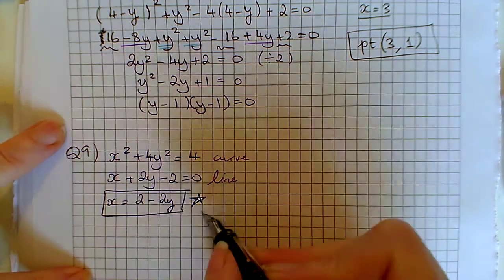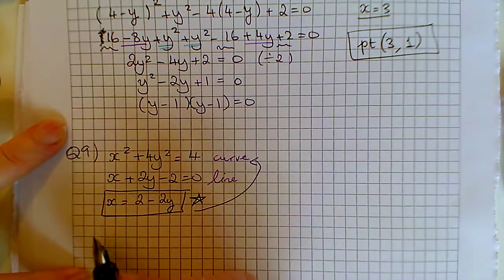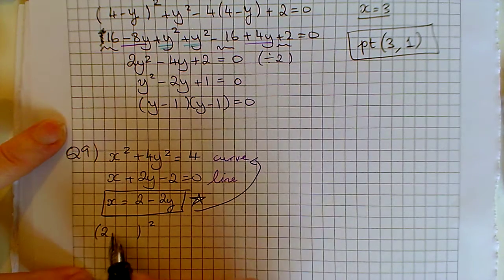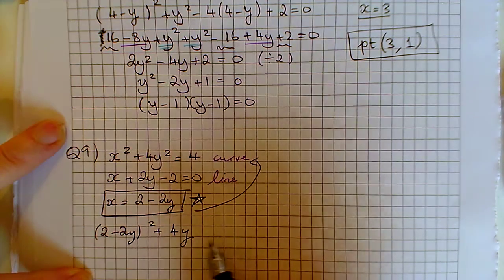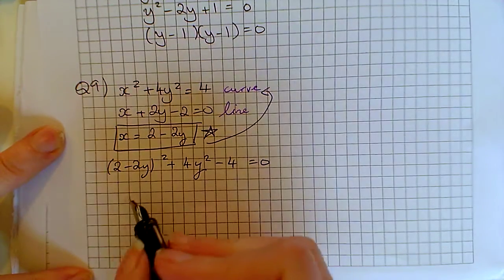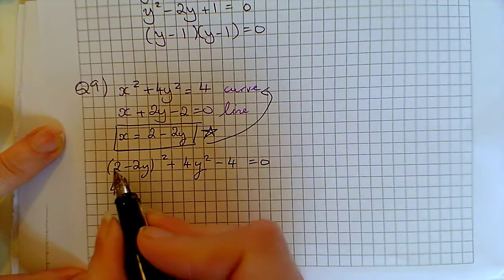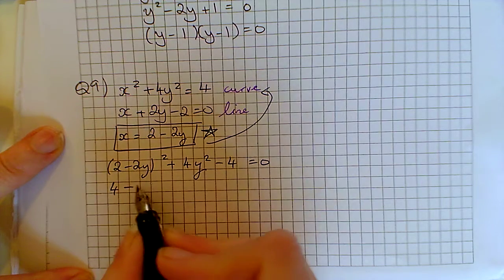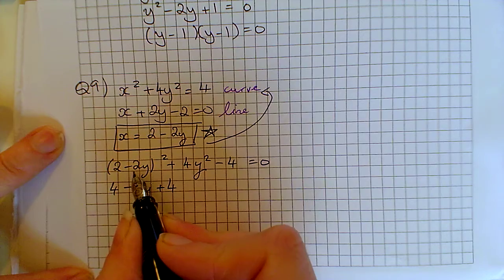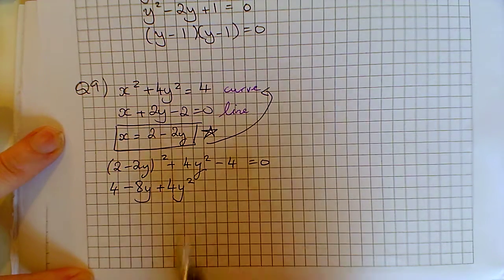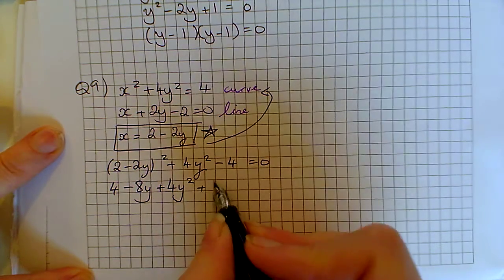So then I'll substitute into the curve, replacing x with 2 minus 2y. y stays as it is, and I'll bring the 4 over, changing its sign, because I know that I'm going to end up with a quadratic. 2 by minus 2 is minus 4, and double that, minus 8y, plus, when I'm squaring this, I have to square the coefficient as well as the variable.